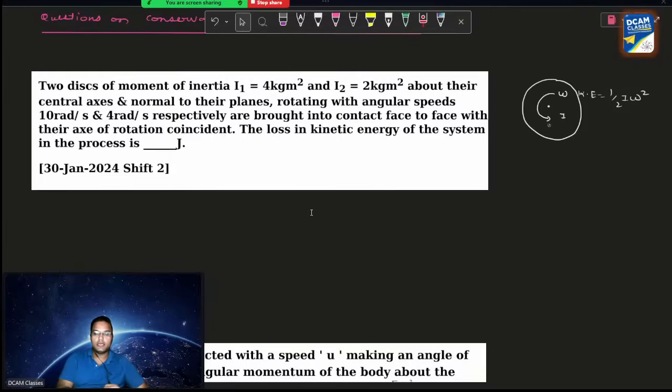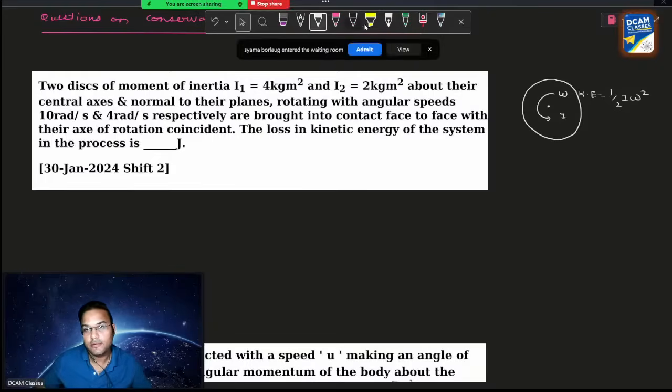If you're getting the idea, keep solving it. Sir, 24 joules. 24, yes, 24. Very good.